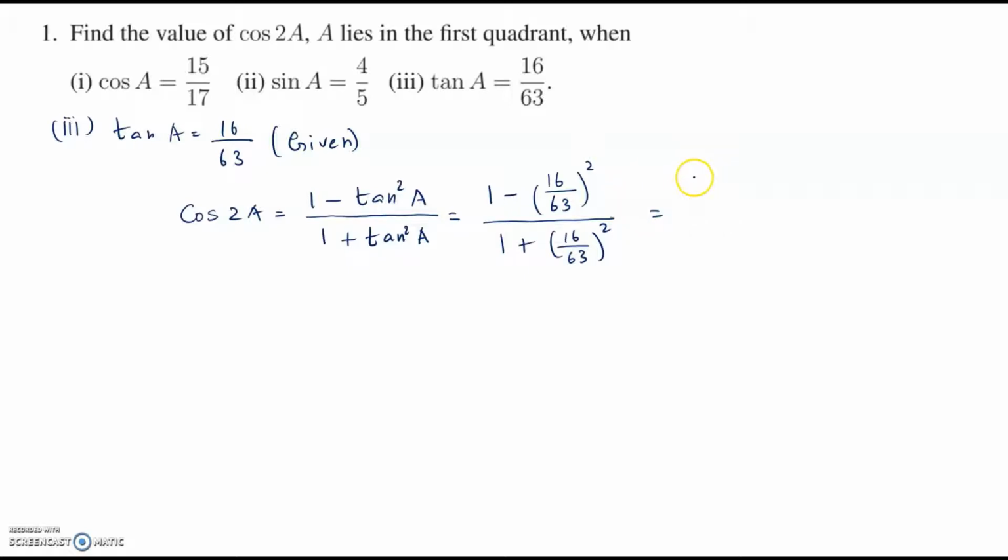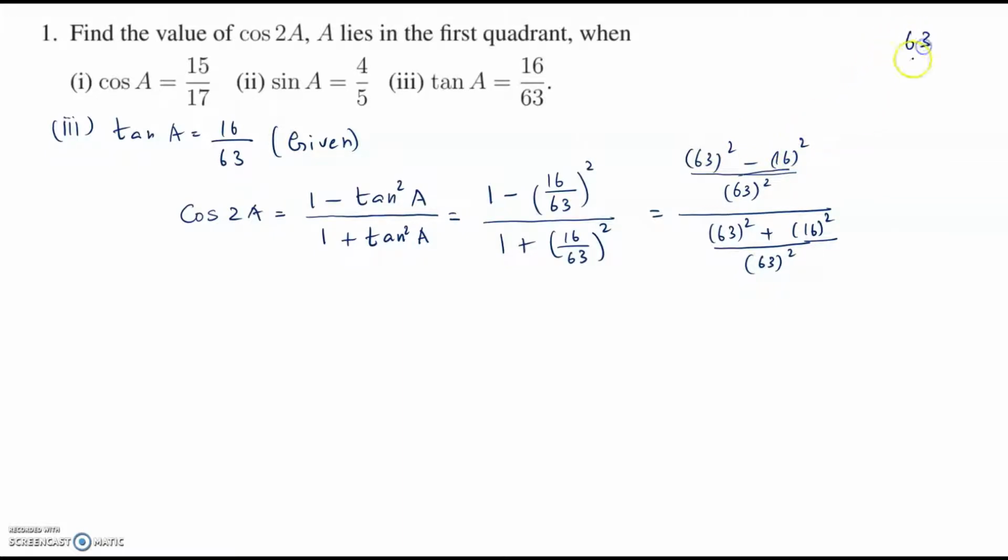So this can be further simplified as, in the numerator, if you take 63 squared as the denominator, this will become 63 squared minus 16 squared divided by, again 63 squared will be our denominator here for the denominator, and the numerator of the denominator will be 63 squared plus 16 squared. Okay, so I think our challenge is now to find the values of 63 squared and 16 squared.